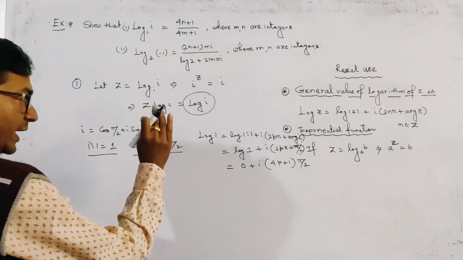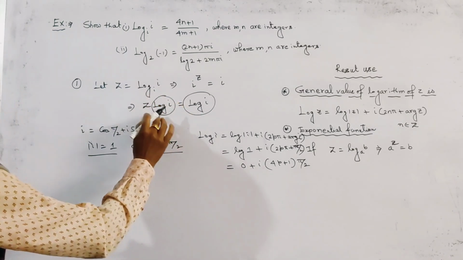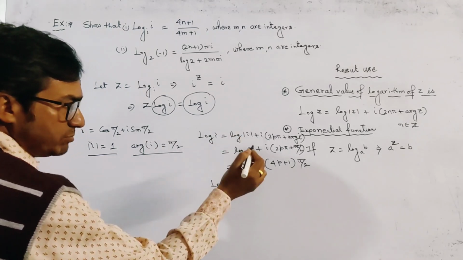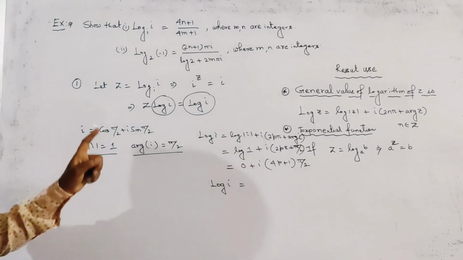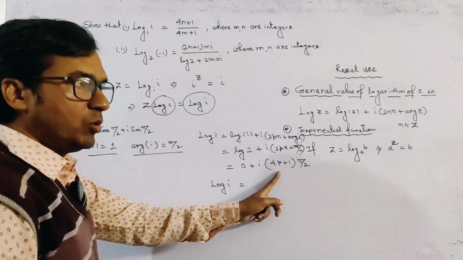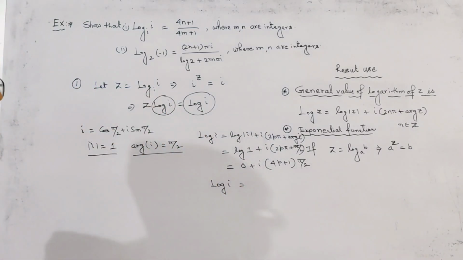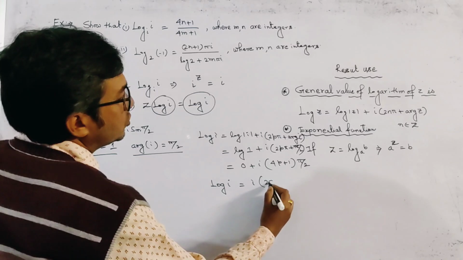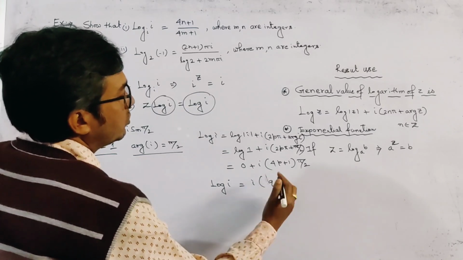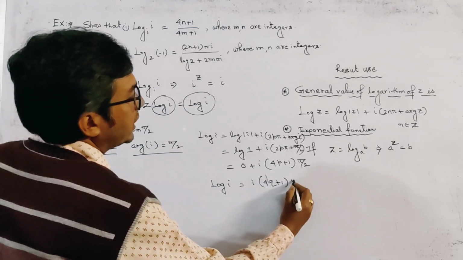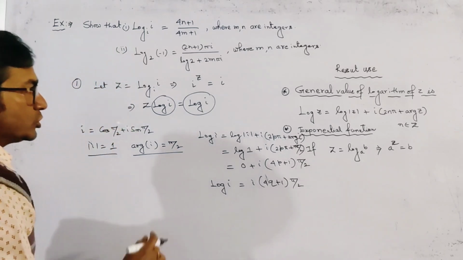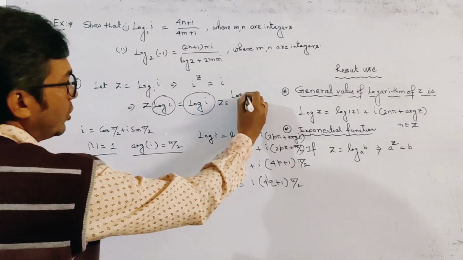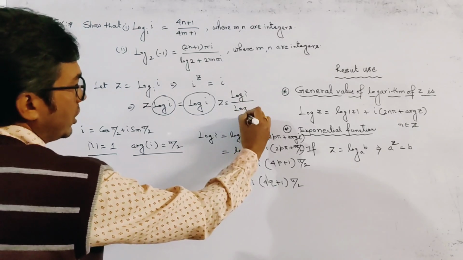And for the other Log i, we write the same value, but we use an integer other than p, because the two integers may not be the same. So we get i into (4q+1) into π/2. So z is equal to Log i by Log i.